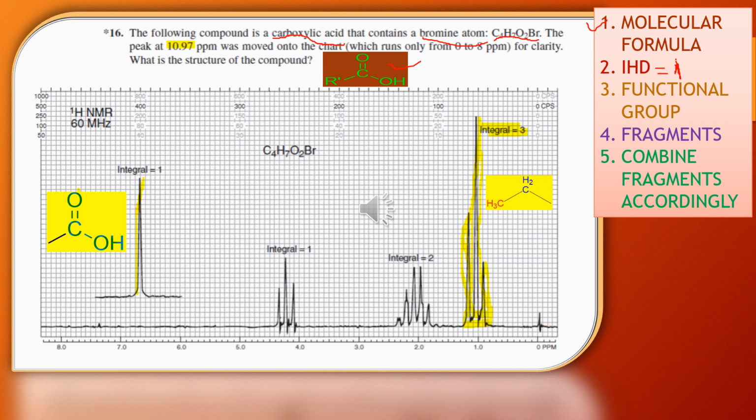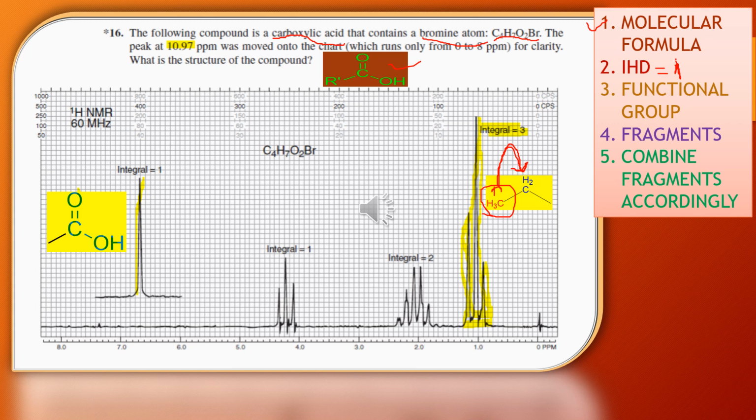This one is the fragment, and this is the integral, and these CH3 hydrogens are splitting into a triplet due to the neighboring methylene group.